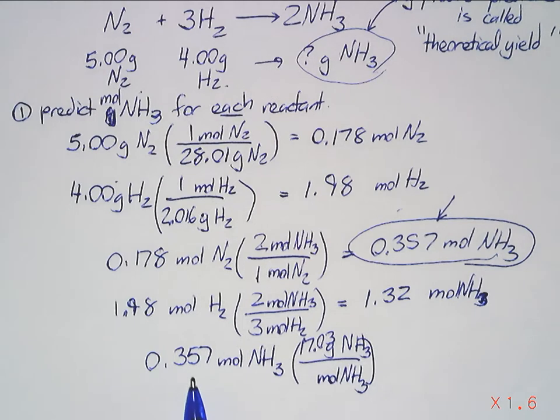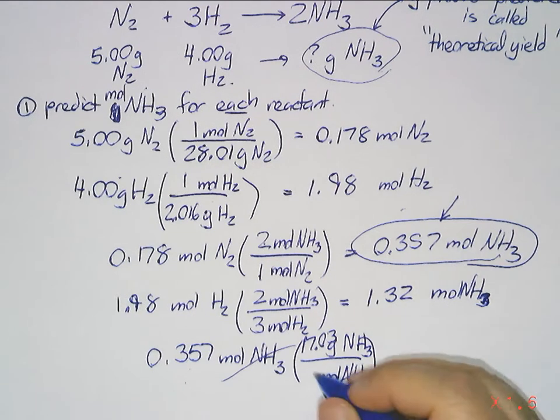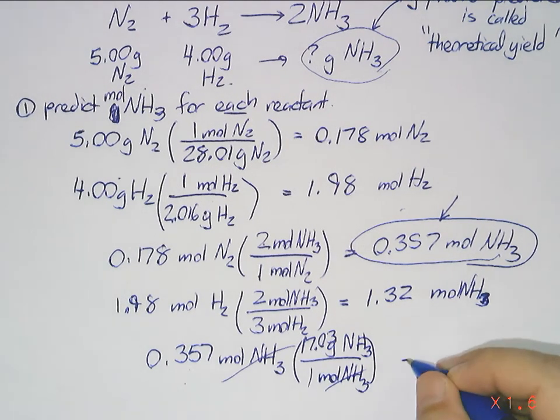Okay, and now I'm going to multiply this amount of moles times the 17.03. That's going to cancel out the moles, and that's going to give me the gram amount.